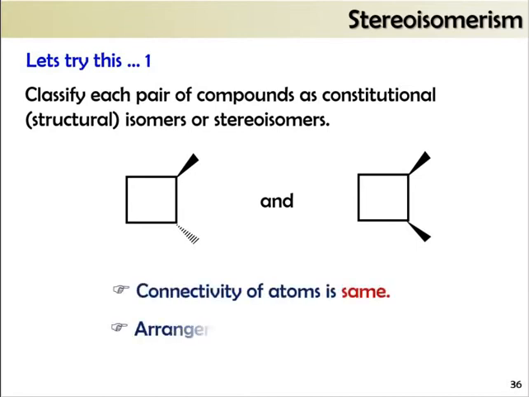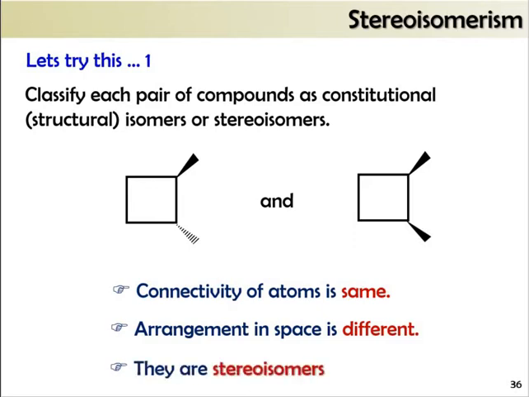But then arrangement in space is different. Kita boleh tengok dari segi dia punya bond dekat sini. Yang ini dia ke belakang, ini dia ke hadapan kita, luar daripada plane lah. Right. So kita boleh kata they are stereoisomerism.